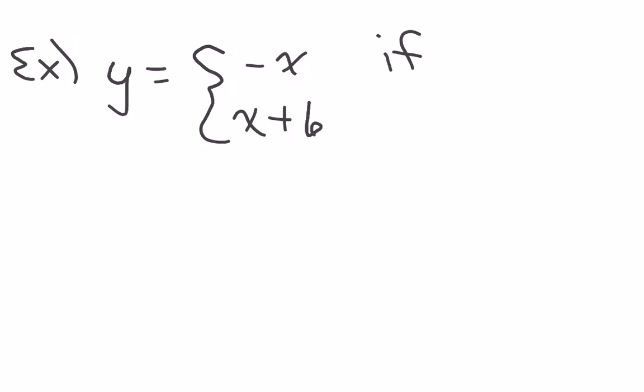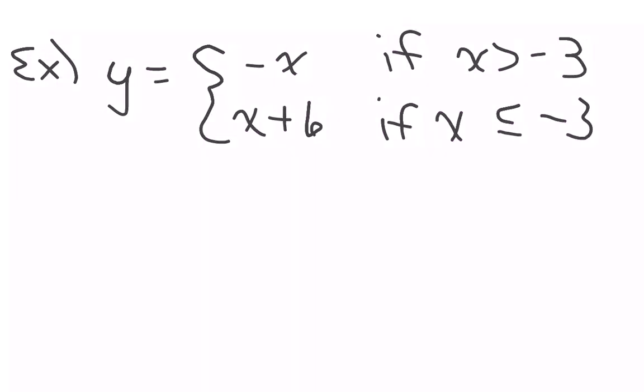They say if x is greater than negative 3, and this one says if x is less than or equal to negative 3. So what it's saying is that it looks like the one function if we have values of x that are bigger than negative 3, and then it looks like the other function if we have values that are less than or equal to negative 3.